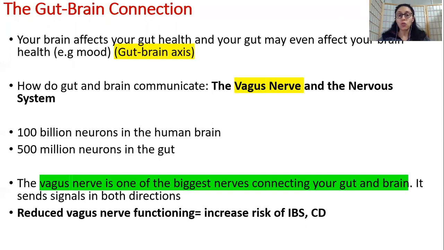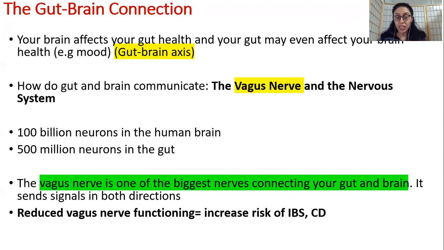Why is that so? This is because your gut and your brain communicate via the vagus nerve. Your vagus nerve is one of the main nervous system components which connect your gut and the brain. For instance, in the brain, you have around 100 billion neurons, and in your gut, you have around 50 million neurons. So the nervous system surrounding the gut has around 50 million neurons.